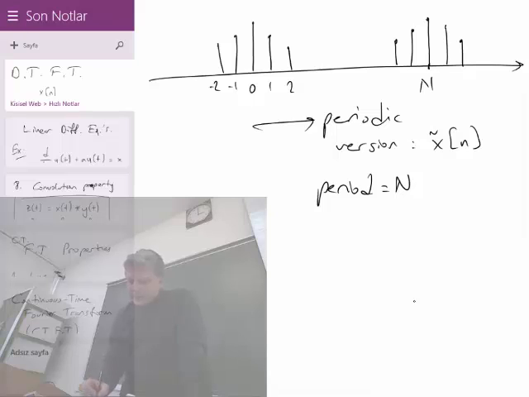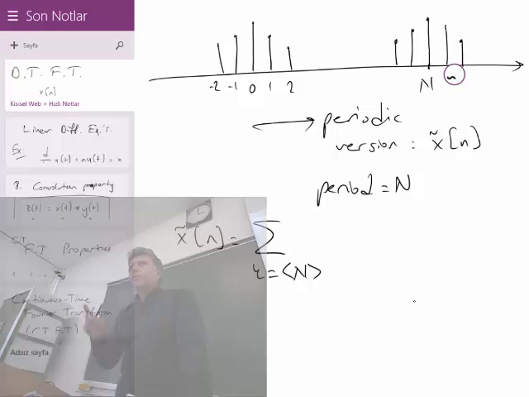and we can write the formula for this periodic version x tilde of n in terms of its Fourier series coefficients, if we wish, like this. With a k running index of extent capital N, it can be 0 to N minus 1, 1 to N over 2, minus N over 2 to plus N over 2, whatever.